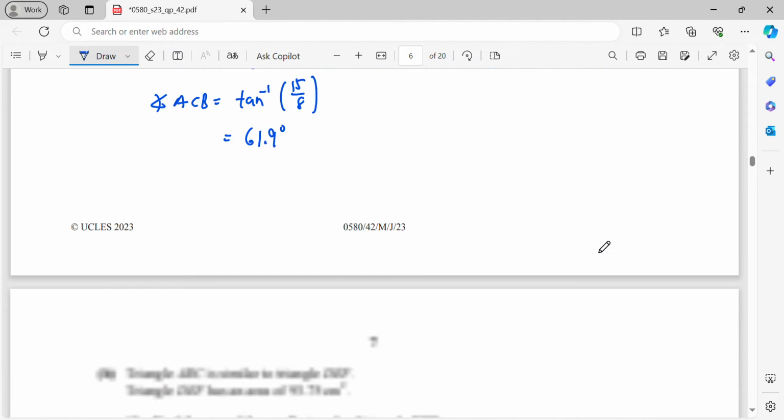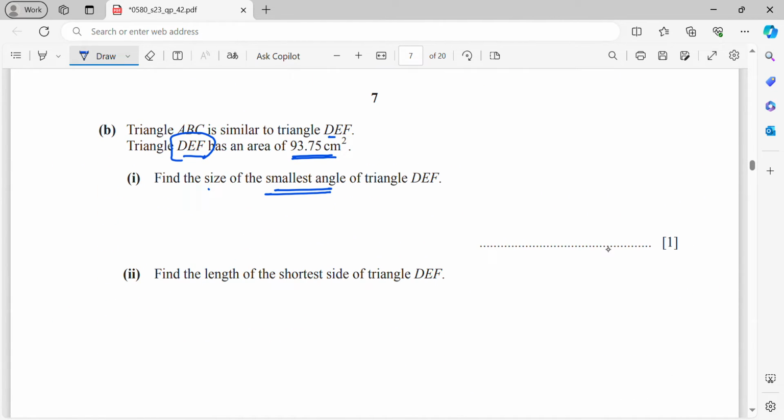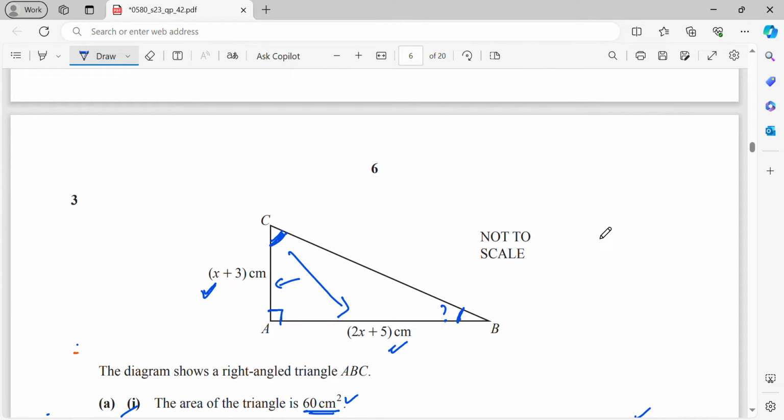Now angle ABC. For the triangle, the total of the angles is 180. Since here is 90 degrees, the total of these two angles must be another 90 degrees. We have found ACB just now.